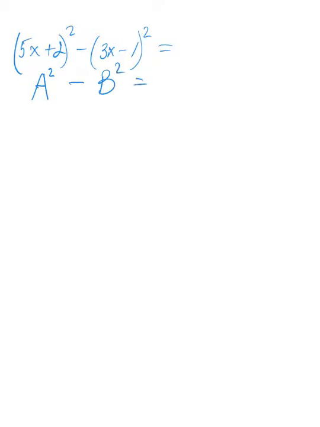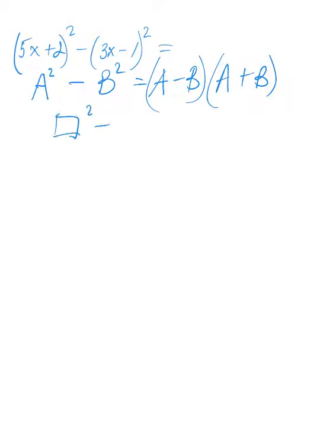So what we can do is factor it as a difference of two squares, a minus b times a plus b. A and b are my binomials. It really doesn't matter what it is. Whatever is squared minus something else squared, it's a structure. Whatever is inside of this square and inside of this square, it will always be the same case.